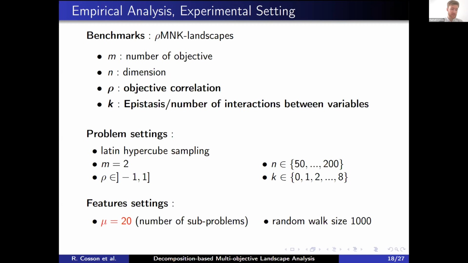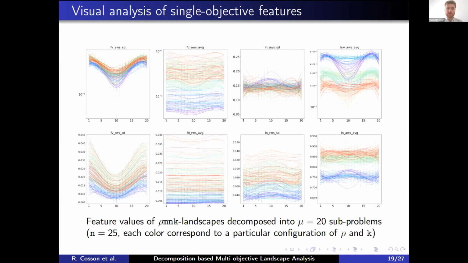First, we can ask: before the aggregation of our features, do the single objective features characterize the landscape? Each figure here concerns different features, and we plot the evolution of the feature value for each sub-problem, and each color corresponds to a different problem instance.